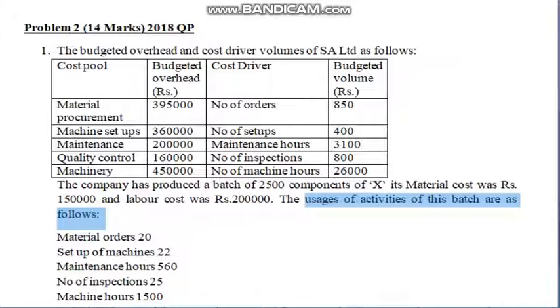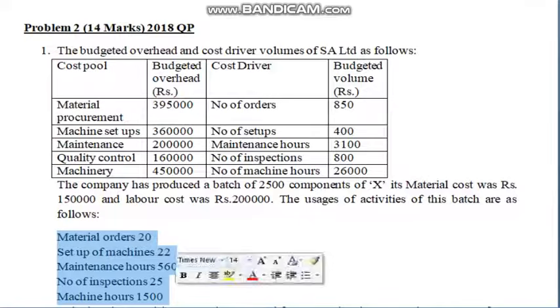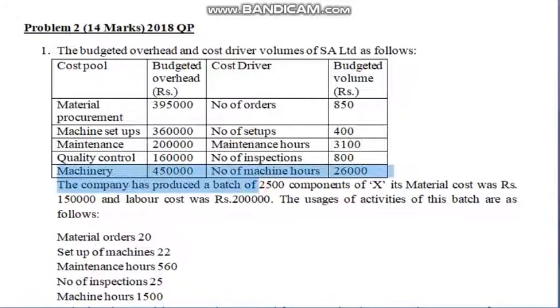Material orders 20, which means to produce 2500 components, the number of material orders will be 20, the number of setups of machines 22, maintenance hours 560, number of inspections 25, and machine hours 1500. So this data was incurred to manufacture 2500 components of product X.